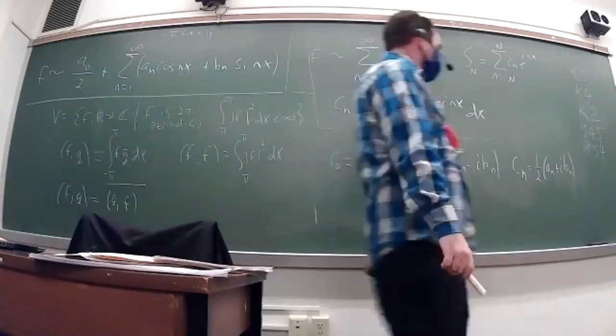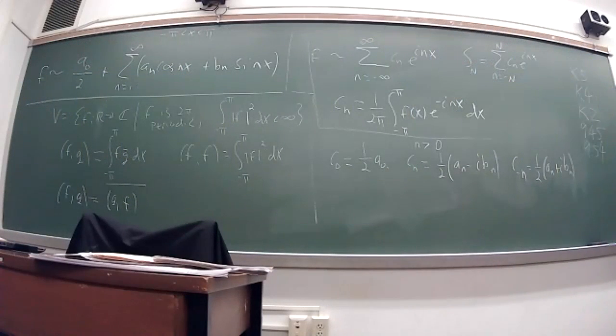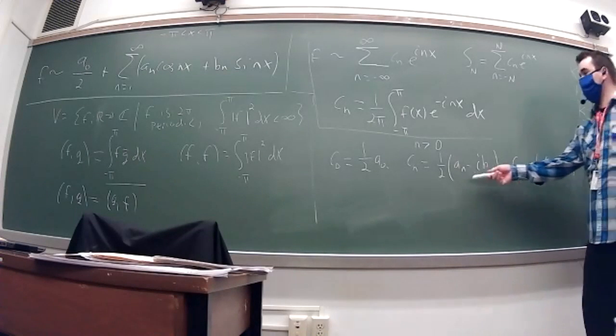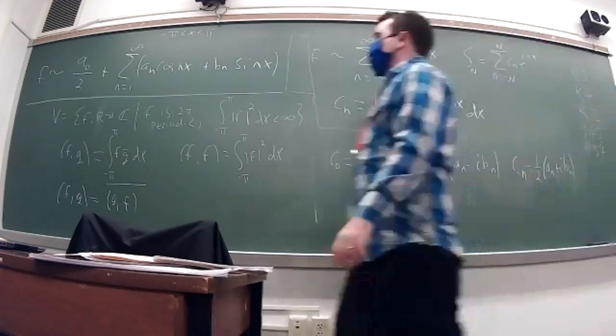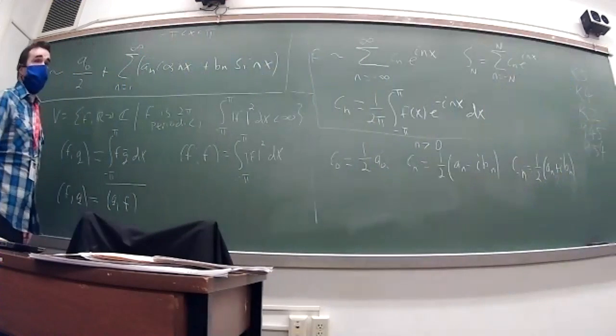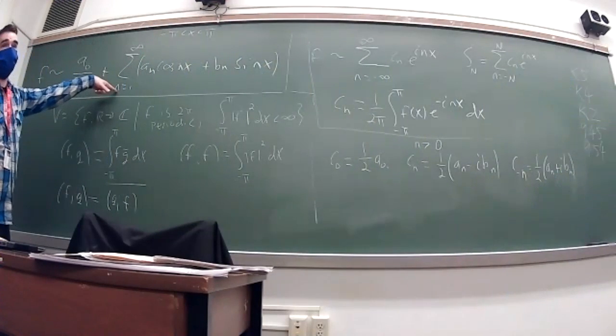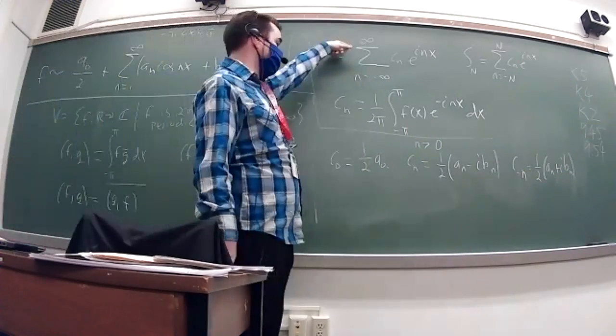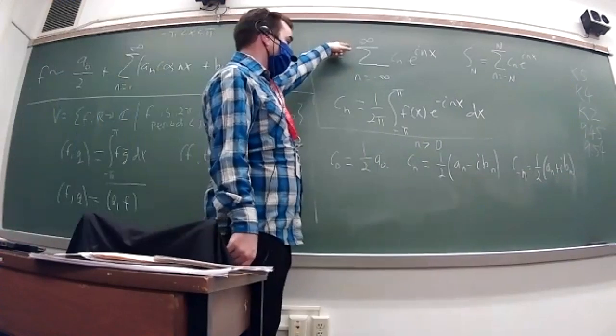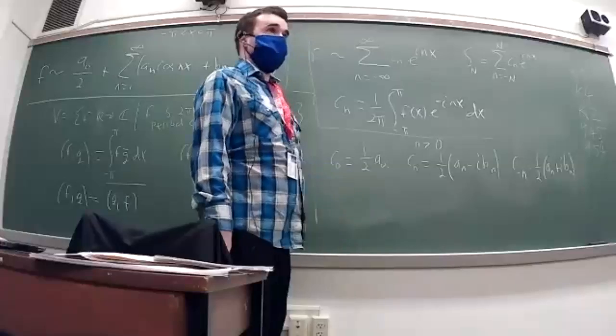I'm not putting a constraint on it, I'm just writing different formulas. And I have to present it in that way because these n only go from 1 to infinity, but these n go from negative infinity to infinity.